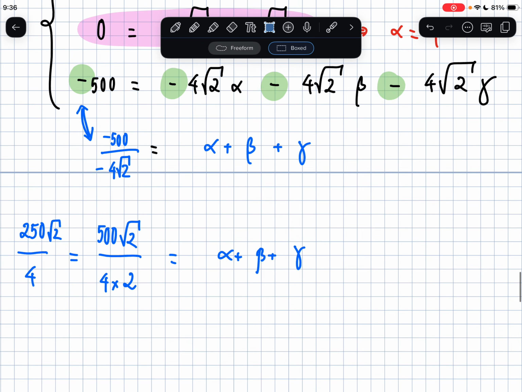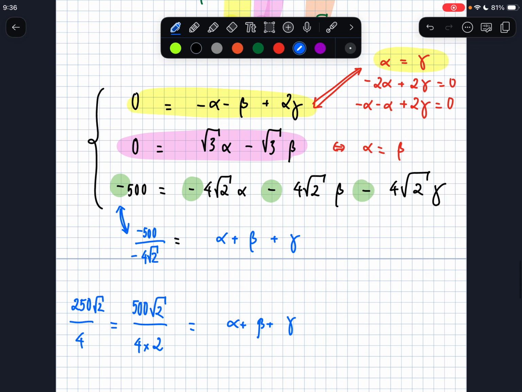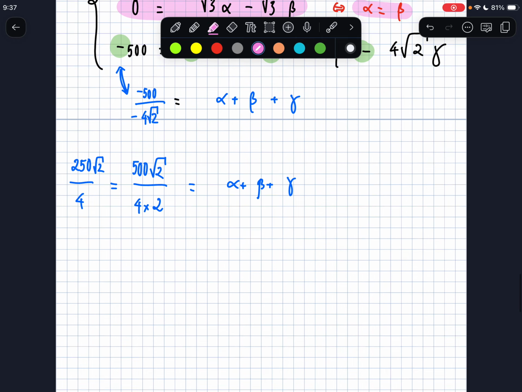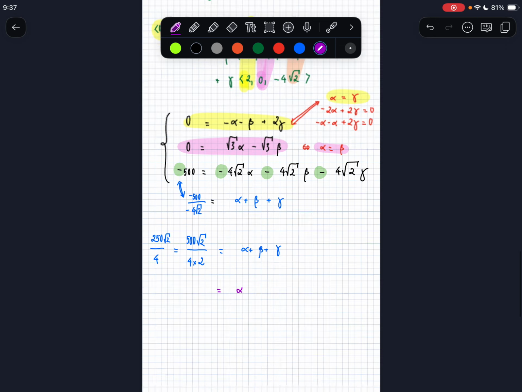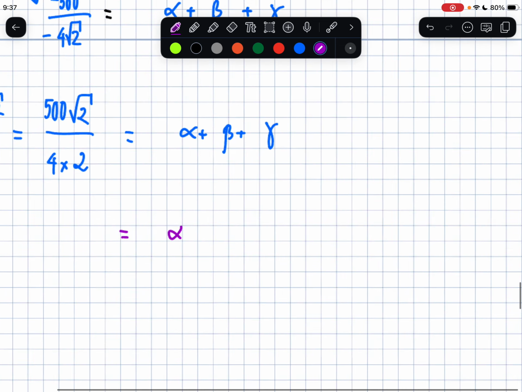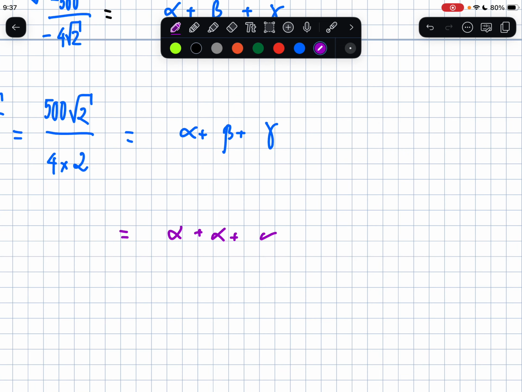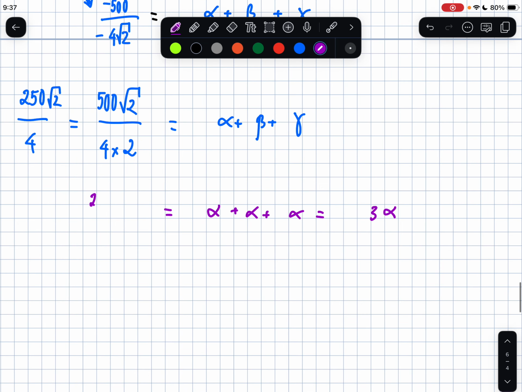Just keep it like that, and I plug in alpha equal to gamma, alpha equal to beta. So 3 times alpha equals 250 root 2 divided by 4.